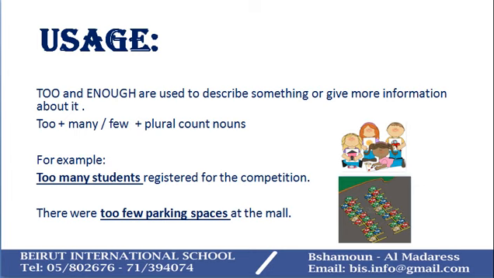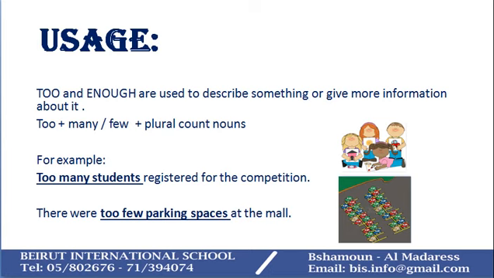Too is usually followed by many or few if the noun we want to describe is a plural count noun, like students, books, tables, whatever the noun we can count. For example, too many students registered for the competition. What does this mean?